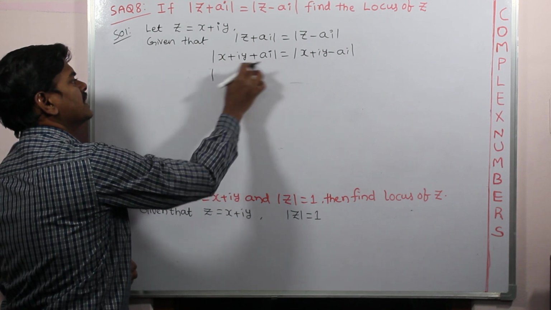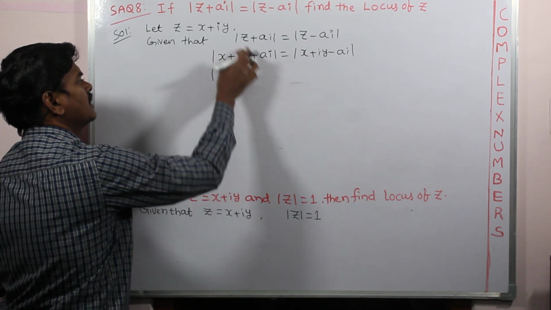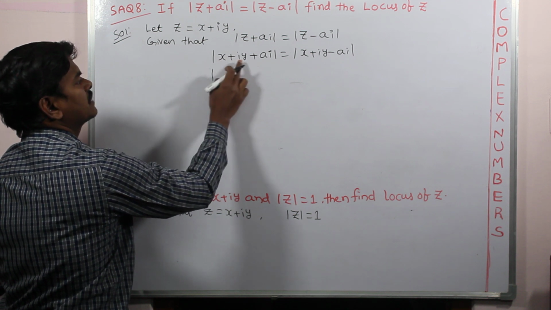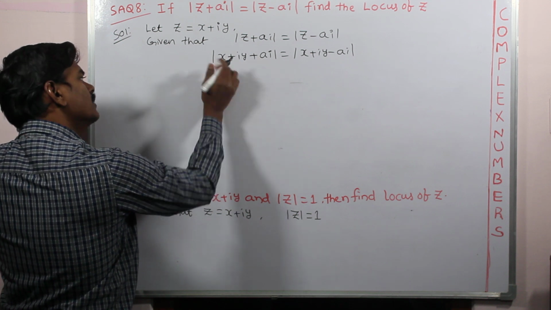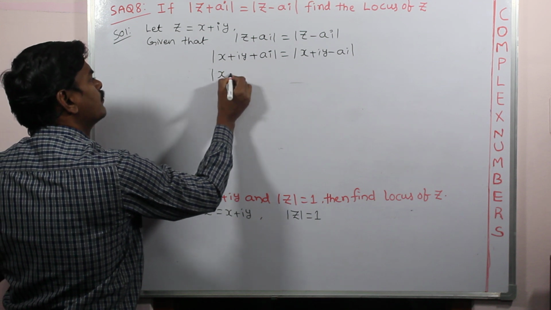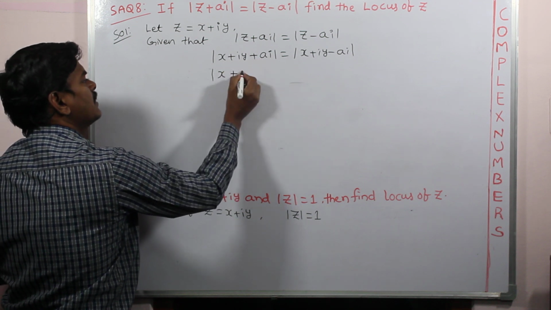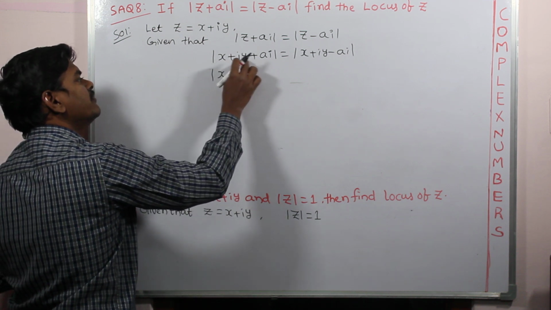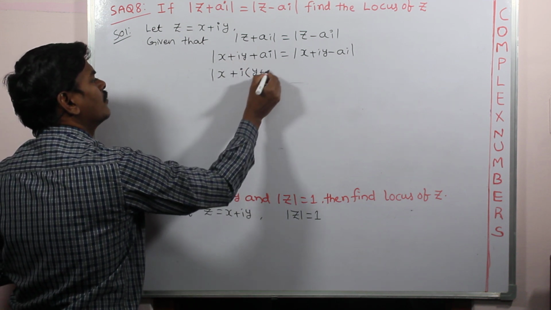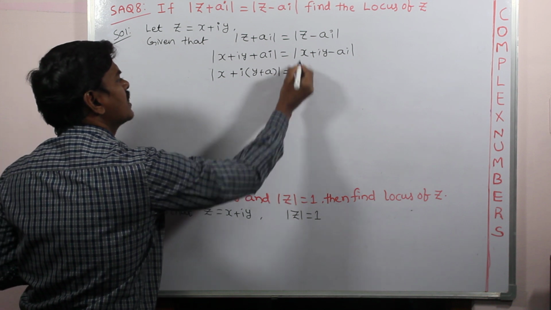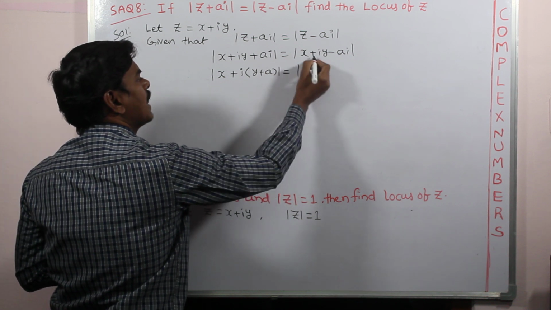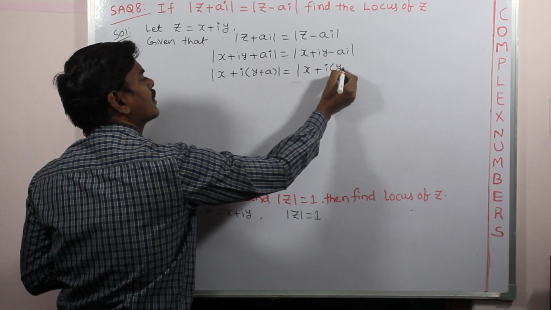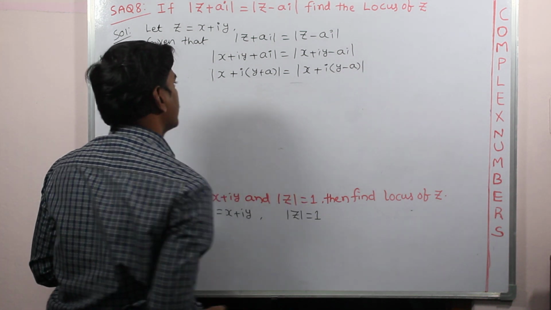So separate real and imaginary parts in this modulus. x is the real part, and these two are imaginary terms. So write real term x plus, from imaginary terms we take i common, left with (y + a). Similarly here also x as it is, plus i common, left with (y - a).